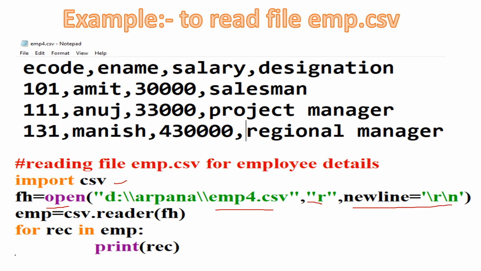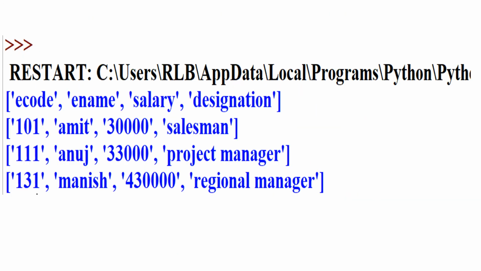Now using the csv.reader function, you will fetch the records and pass the file handle fh as an argument to the reader function, and the records will be fetched in emp. Using a for loop, you can access these records one by one and print them using the print statement. On execution, this is how the records will be displayed on the Python screen.